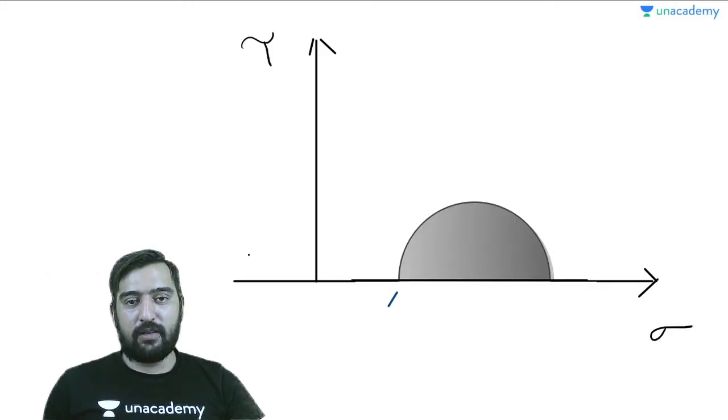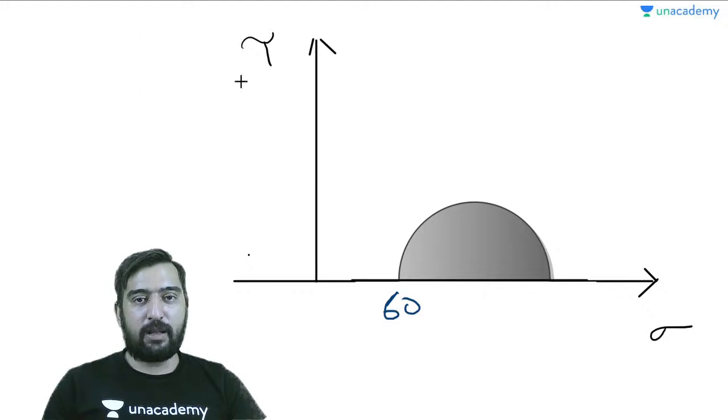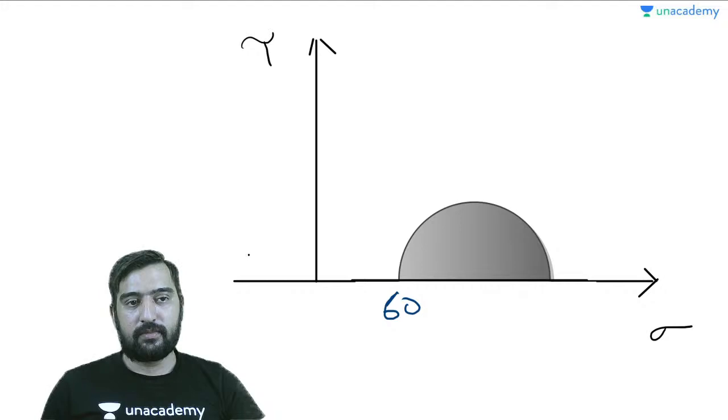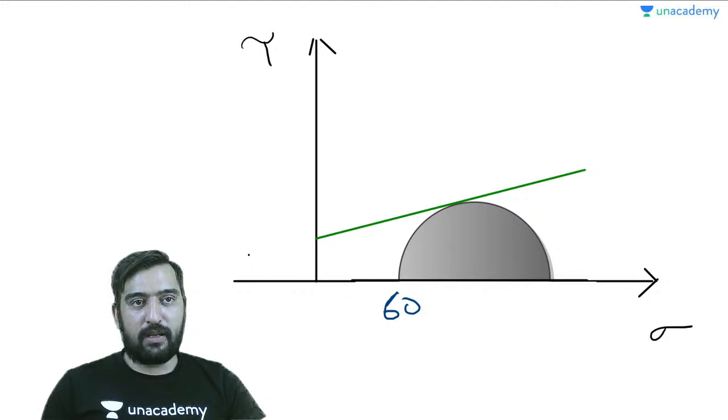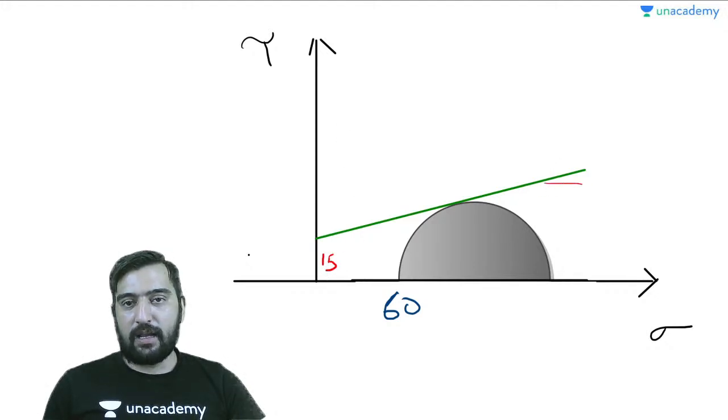If this is 60 and the failure envelope is like this, and this is going to be how much? कितना दे रखा है, ये दे रखा है आपको 15 और ये एंगल आपको दे रखा है 20.